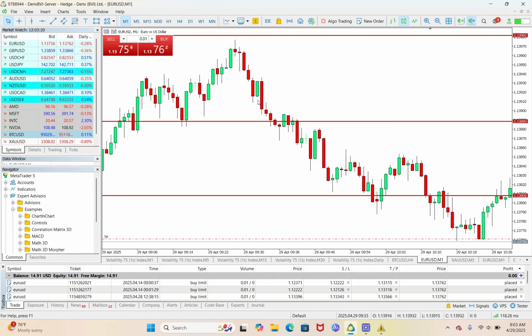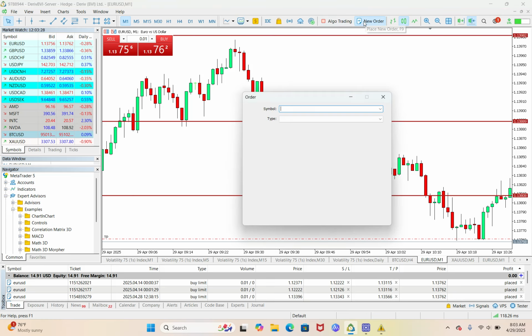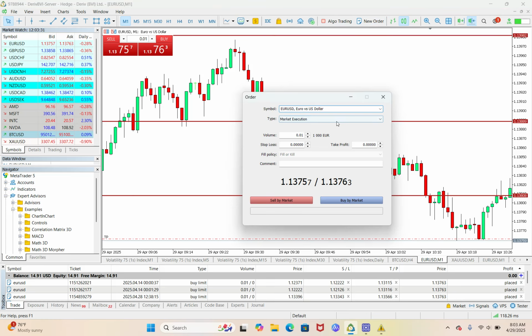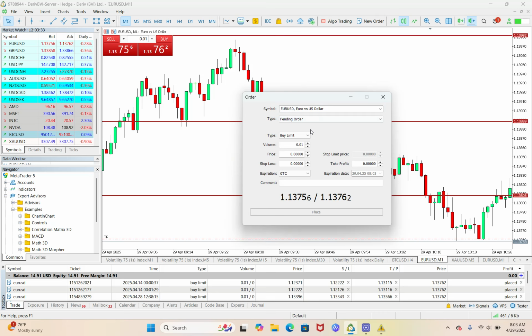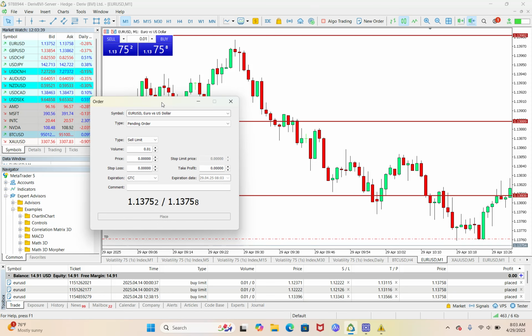So we're gonna set a limit order right here, wait for the market to come back, see what happens. New order, market execution, pending order, sell limit.